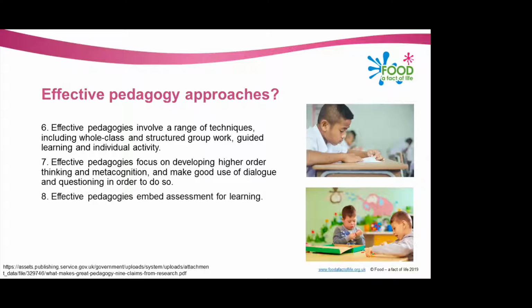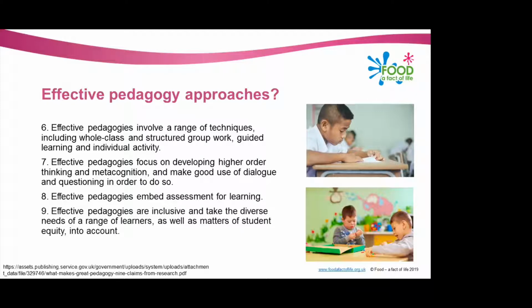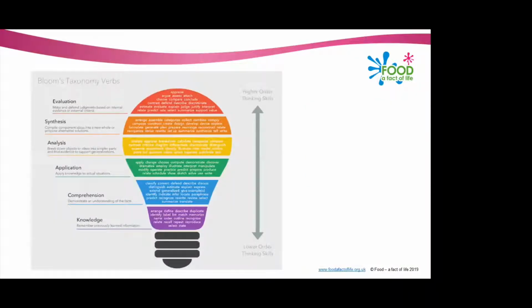We've got that embedment of assessment of learning. And also we need to make sure that it's inclusive and looks at the diverse range of needs of our different learners in the classroom. Embedding it back to the research, really showing what's effective is always good. And I think as food teachers, we're always pushing this and working really, really well.